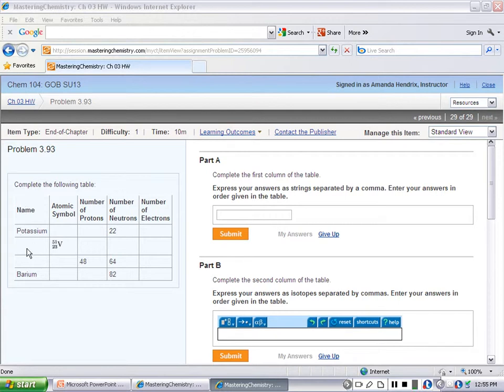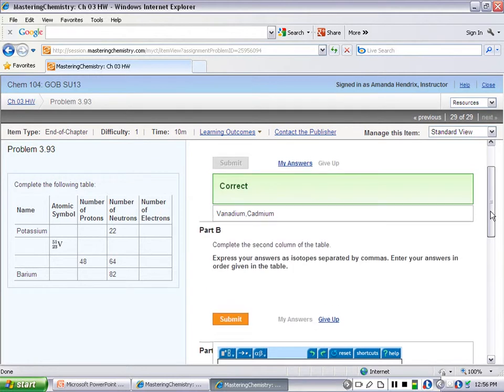It only wants you to fill in the blanks. It doesn't want you to repeat what's already there, so you do not include potassium and barium. Then you place a comma separating the answers. So we found for our row 2 vanadium and cadmium.